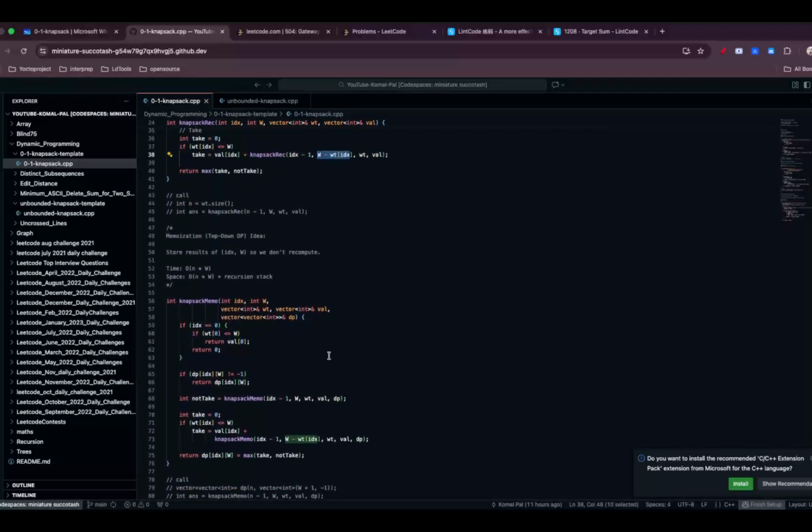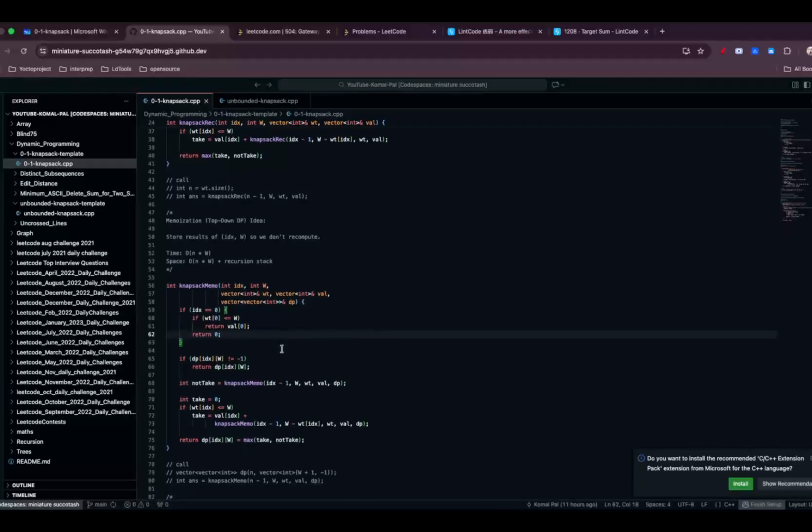Now comes the memoized version of the recursion. We know what is changing: index and the total weight, meaning the total capacity. Everything else, including the base case, stays as it is. The only new thing we introduce is a 2D DP in our input.